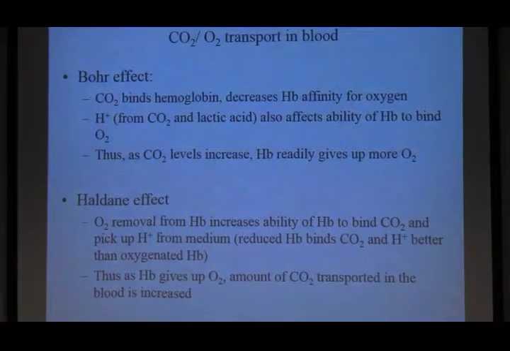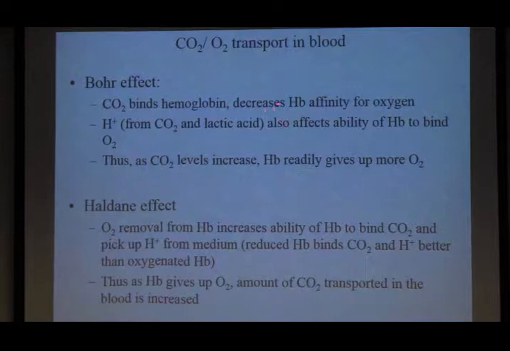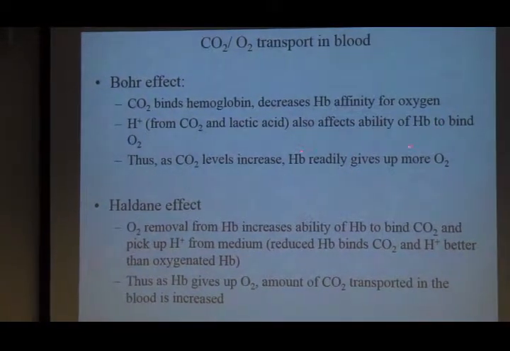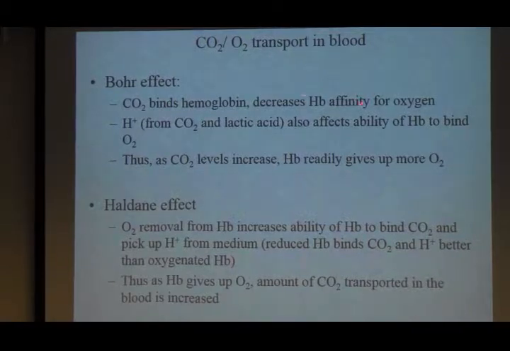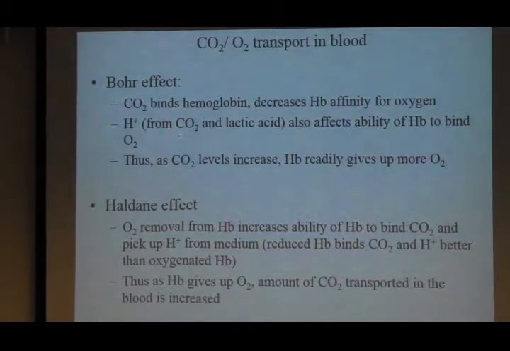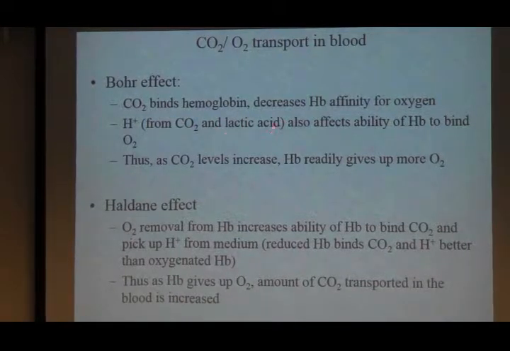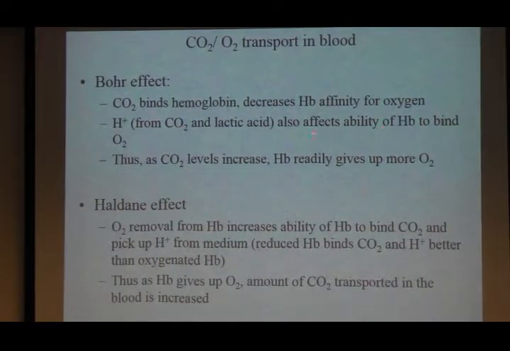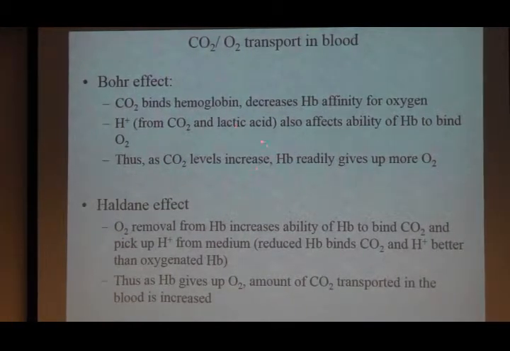As CO2 binds hemoglobin, the affinity that hemoglobin has for oxygen goes down, but more importantly, hydrogen ions generated from the transport of CO2 or from lactic acid reduce the ability of hemoglobin to bind O2. So as the levels of CO2 in blood increase, hemoglobin more readily gives up oxygen.